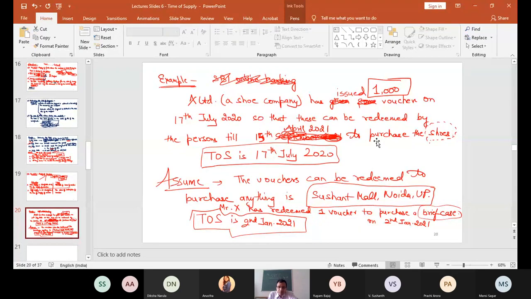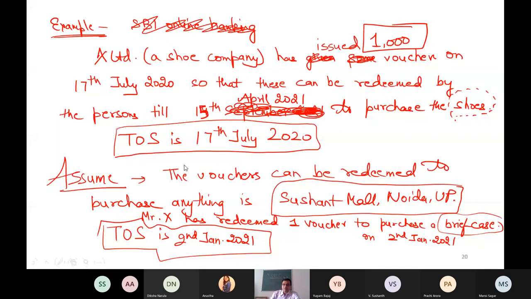Point clear? Yes, sir. I need to note down this one. Is there anyone who can throw some light on this question? I also don't know the exact answer. The question is that in this first case, when supply is identifiable at the time of issue, I am collecting, as the government, the tax on the entire 1000 vouchers.